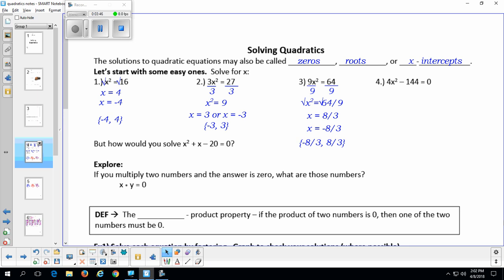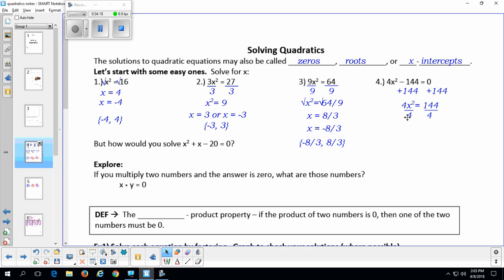All right, and then this last one, what do you think we would do first to solve this equation? I'm going to add 144 to both sides, because remember when we were solving equations, you do the addition and subtraction first, and then deal with the multiplication or division. So I'm going to add 144 to both sides to get that negative 144 on the other side. Negative 144 plus 144 will cancel. 0 plus 144 gives us positive 144.